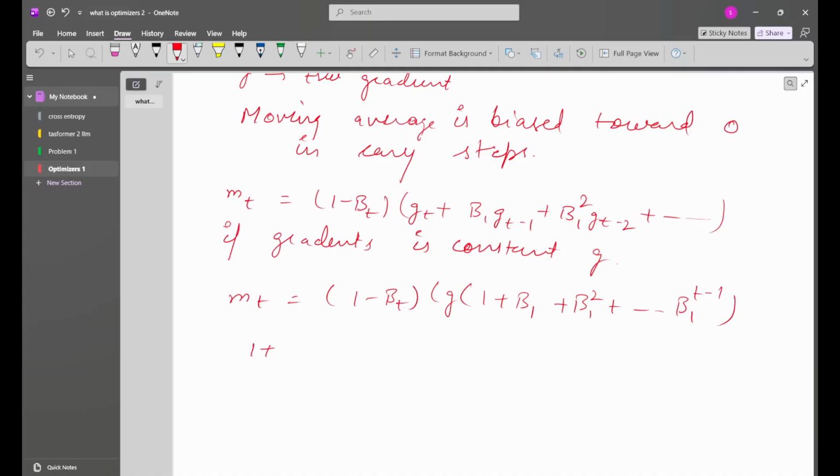So this is the geometric series. If you remember the mathematical equation of this geometric series, 1 minus beta^t divided by 1 minus beta. So m_t is equal to g times (1 minus beta_1^t).